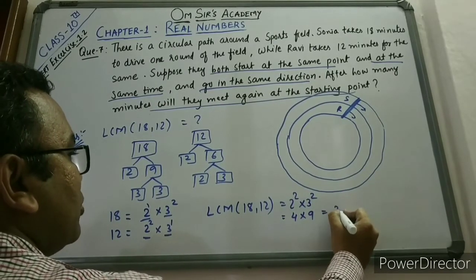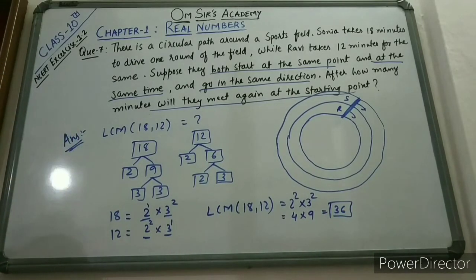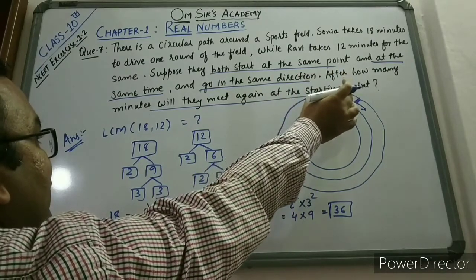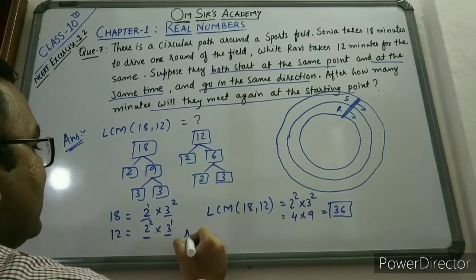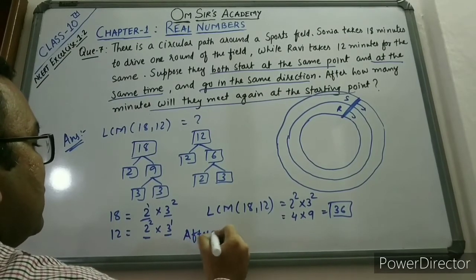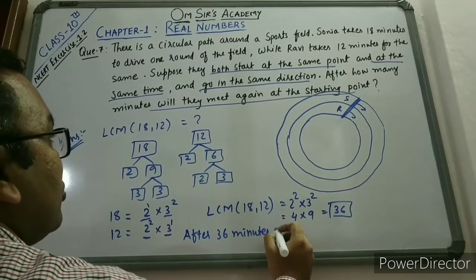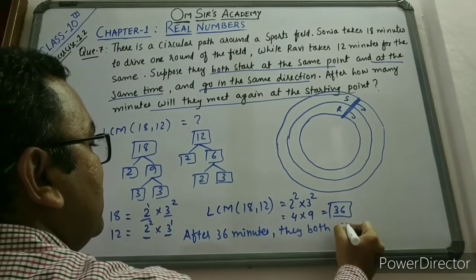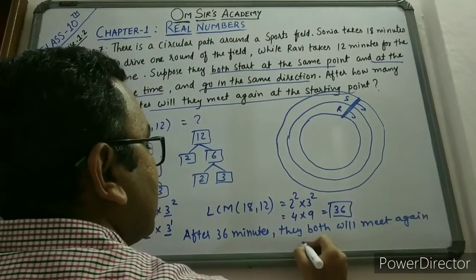So 4 into 9 is what? 36. So LCM is 36 minutes. So in the last answer, what can I write as, after how many minutes will they meet again? We can write that after 36 minutes, they both will meet again at the starting point.